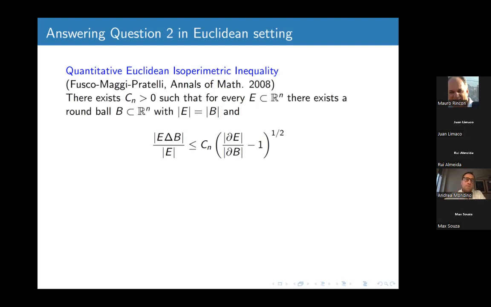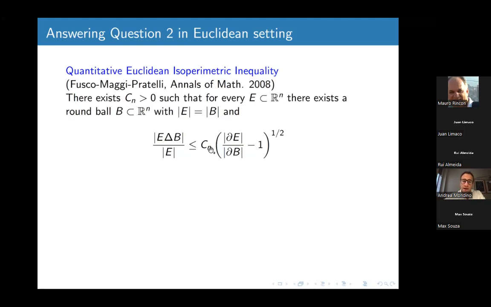So what they prove is that there exists a constant, which depends just on the dimension, such that for every Borel subset E in Euclidean space R^n, there exists a round ball optimally centered in R^n with the same volume as the set E, and such that you can bound the volume of the symmetric difference between E and the ball, normalized by the volume of E, by what? By the deficit that you commit in the isoperimetric inequality.